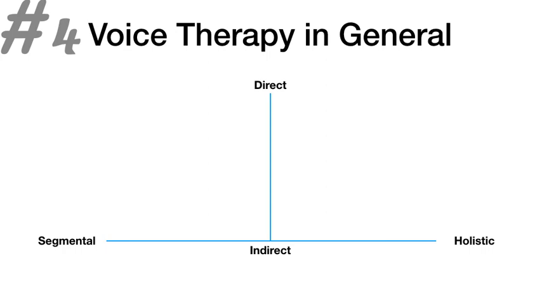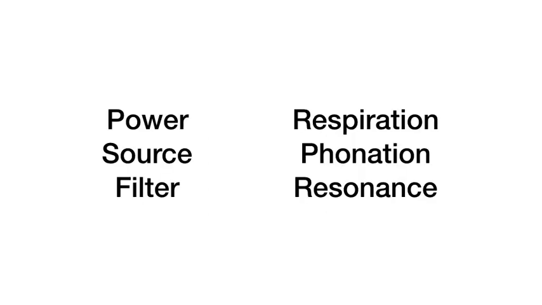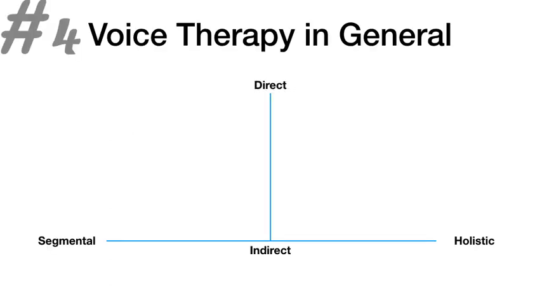Okay, so now that you understand what's segmental and what's holistic, this is where it gets blurry. Because if you go back to this slide, all three of these biomechanical subsystems are dynamic, they interact with each other. When you start working on the left side, when you start working on something segmental, it has an impact on the rest as well. Okay, so that's why it gets a bit confusing.